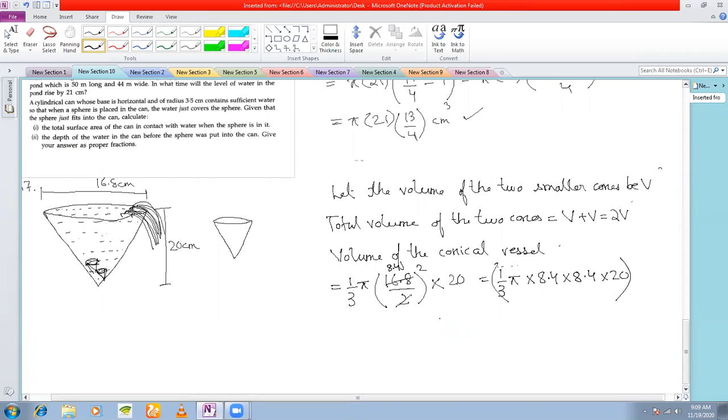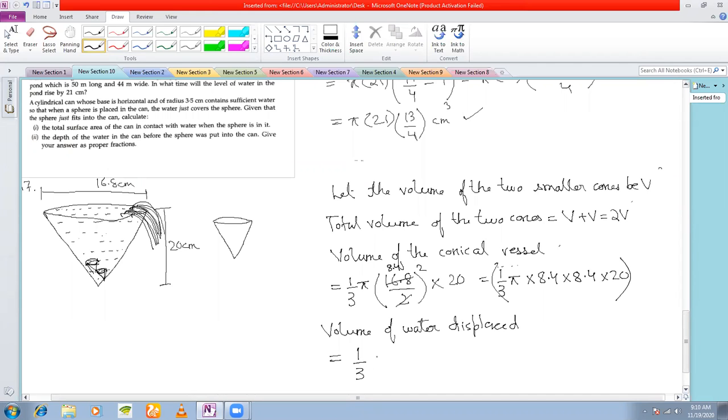Now, if you read the problem carefully, it is said that one third of the volume of this conical vessel flows out. So how much is the volume of water that flows out? Volume of water, let's say displaced, is one third of the total volume of the cone.